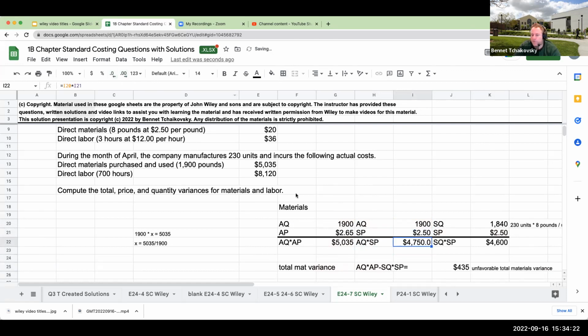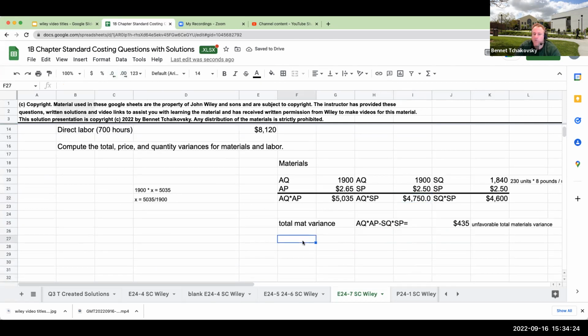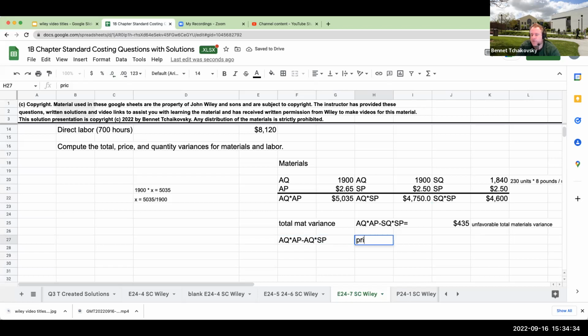Now by comparing what I actually spent, this is going to give me my materials price variance, or 5,035 minus 4,750, or 285. And this is going to be unfavorable.